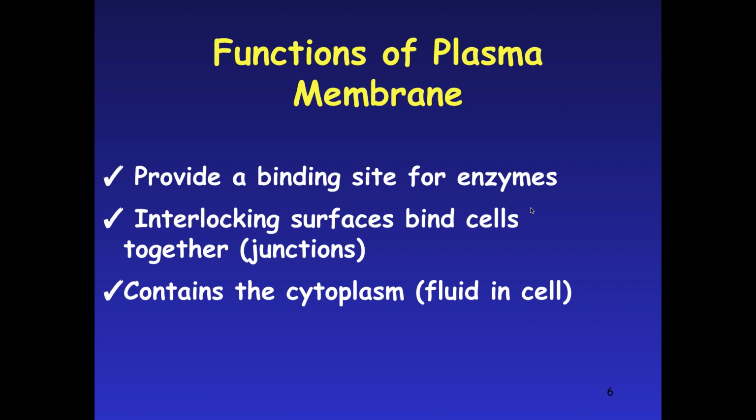An enzyme is a specialized protein that carries out a chemical reaction, and the membrane provides sites for these enzymes to bind. Cells can also adhere, or stick to each other, and these provide sites for cells and tissues to come together. And of course, the plasma membrane encloses all the cytoplasm, the fluid in the cell.